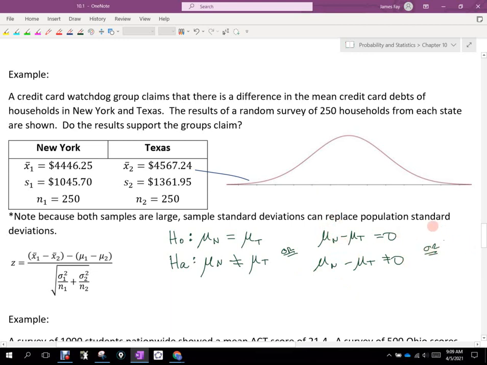It could be mu of Texas minus mu of New York equals 0, and mu of Texas minus mu of New York not equals 0. Does that make sense? So you've got options there. Like I said, I prefer to use this one, but you might see an example or help me solve this or something like that in MyMathLab, and they might use that notation.